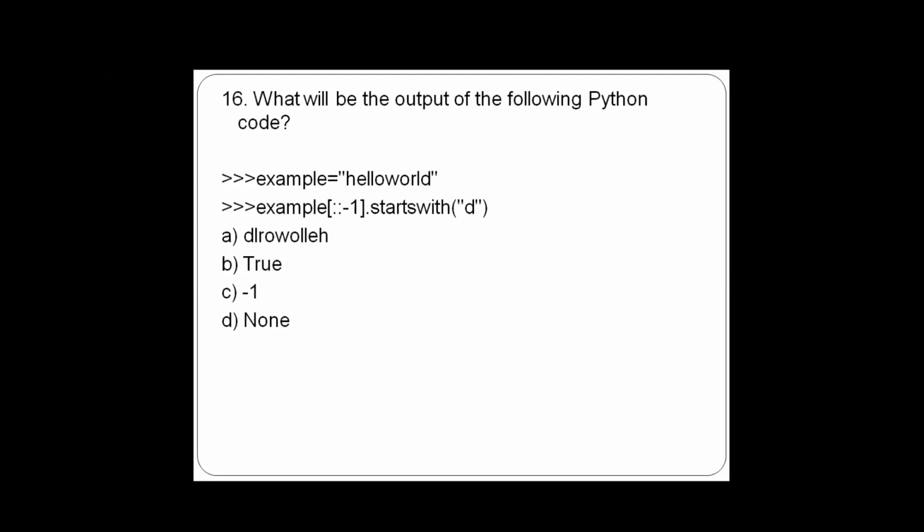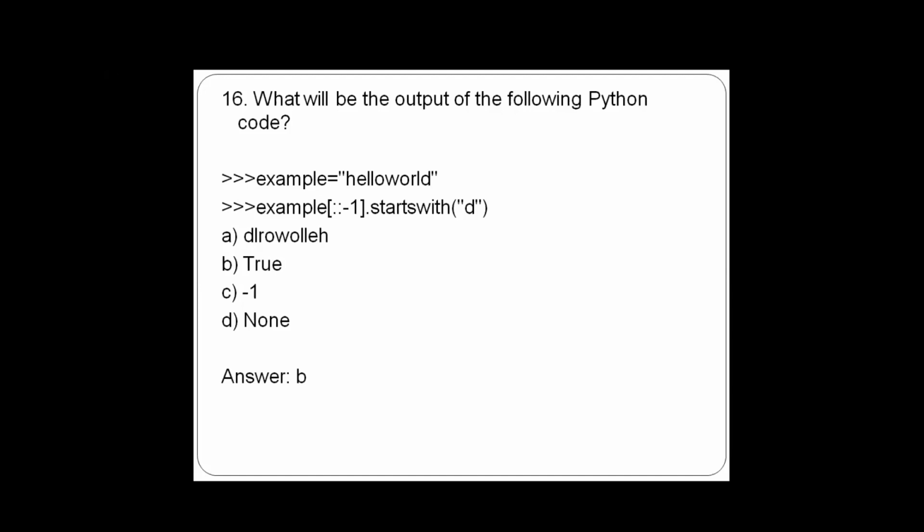True, ma'am. So what you do here is you are reversing a string. And after reversing your string, you check whether it starts with D, right? So after reversing, your string starts with D, so this is true.